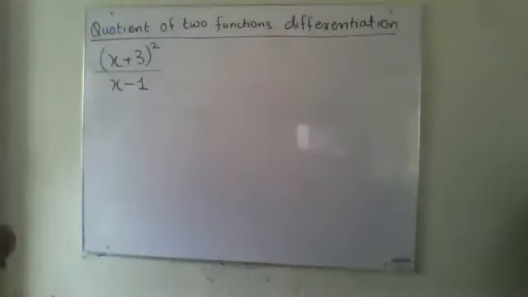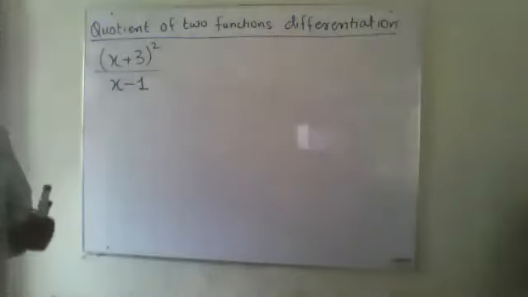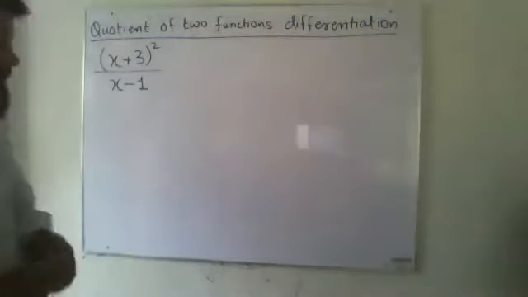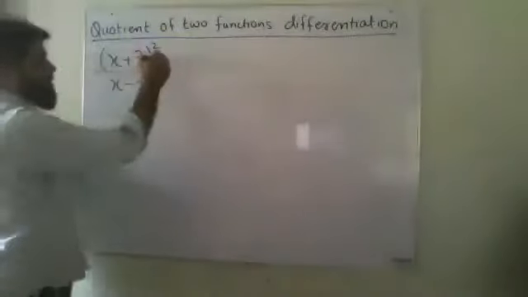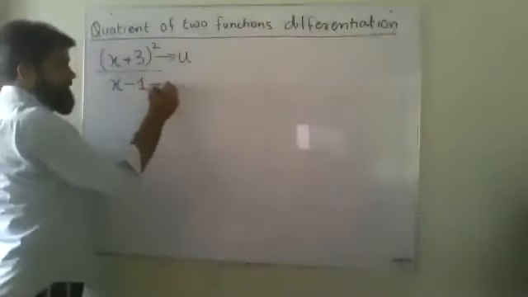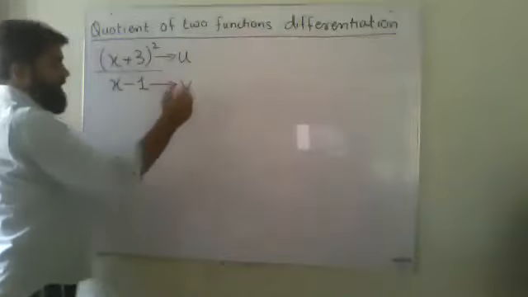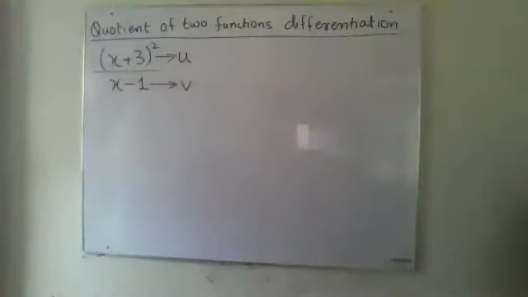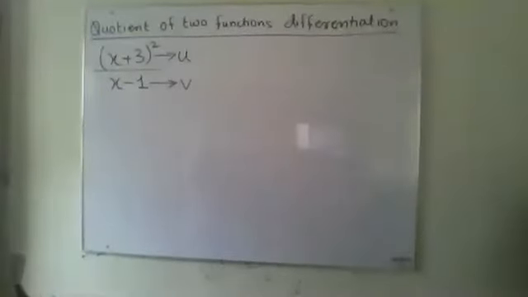Now, how are we going to apply the quotient rule? What is the quotient rule? First of all, I'm taking my numerator as u and my denominator as v. Numerator is u and denominator is v.